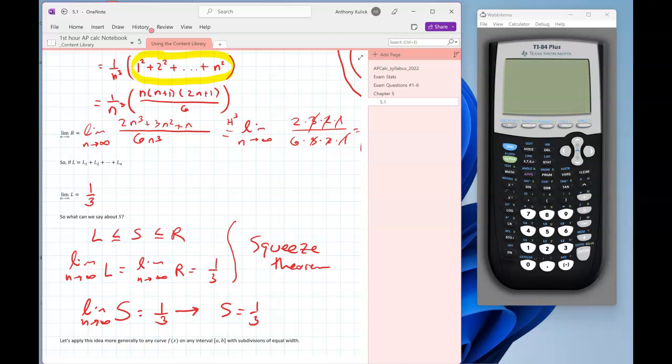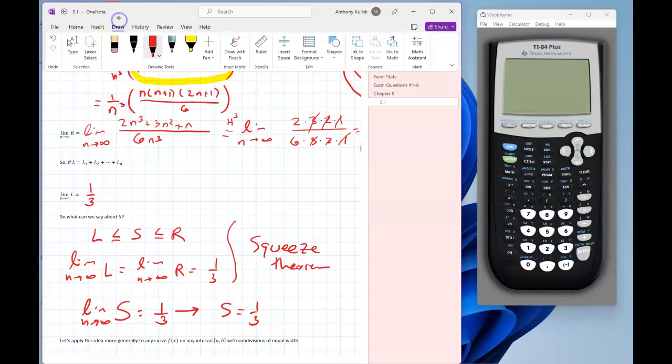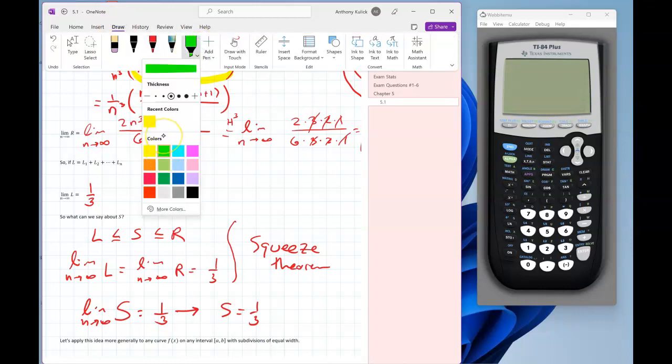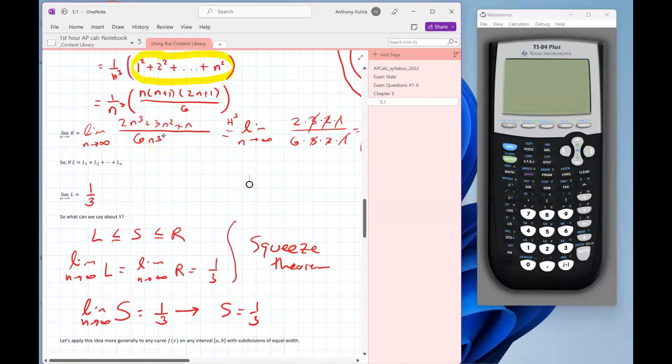Now, the catch is that we got lucky because our function was x squared. If our function is not x squared, we're not going to get that nice formula to fall out of it.